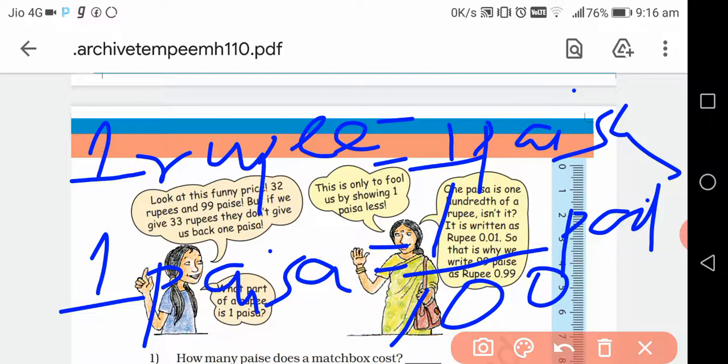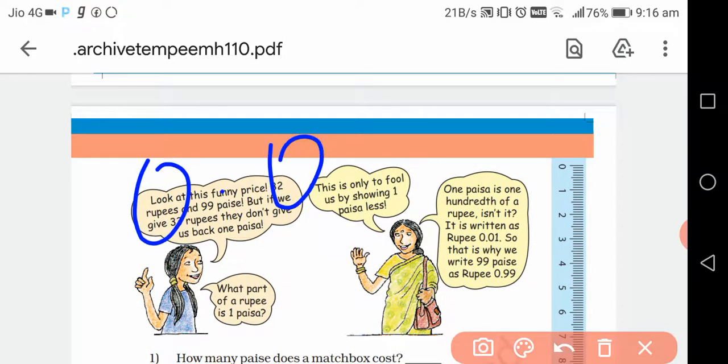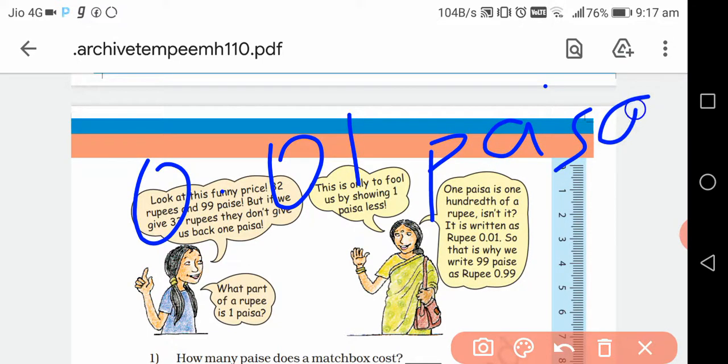So we can write it as 0.01 rupees. If I had 15 paisa, then I will write it as 0.15.